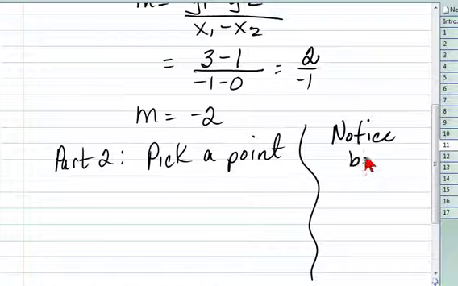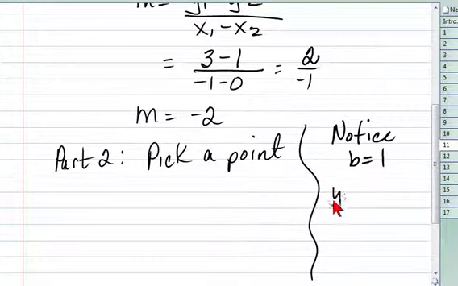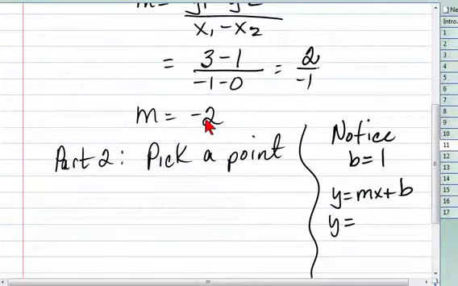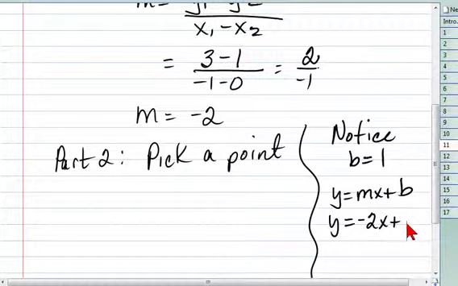If you notice b is 1, then you're home free. Y equals mx plus b. Y equals, you had the m value, negative 2x. You got the b value was given to you if you were observant enough to see it, 1. Problem done. And those of you in class can't read any of that.